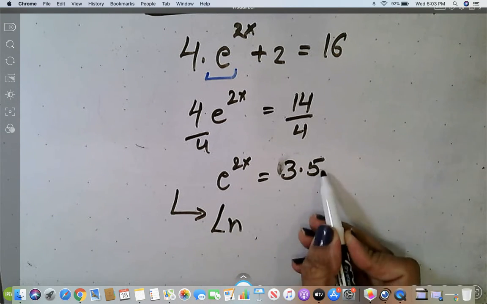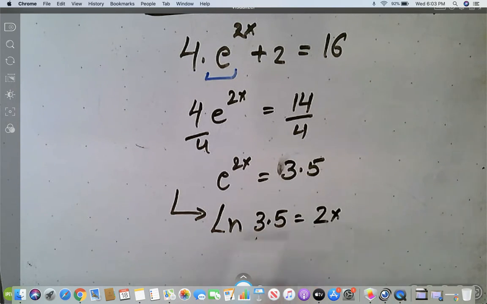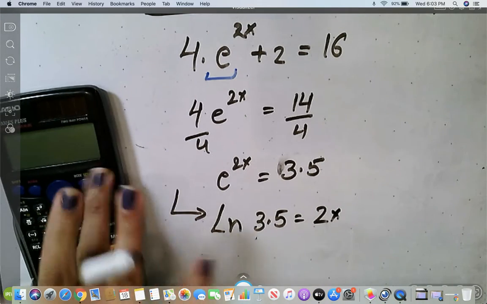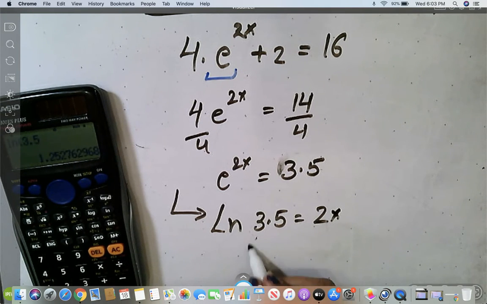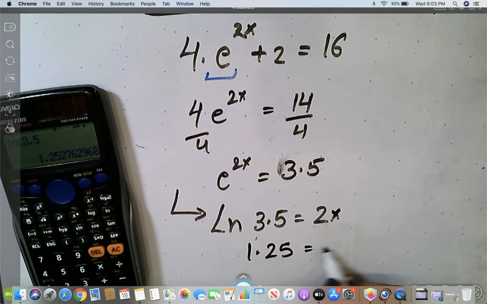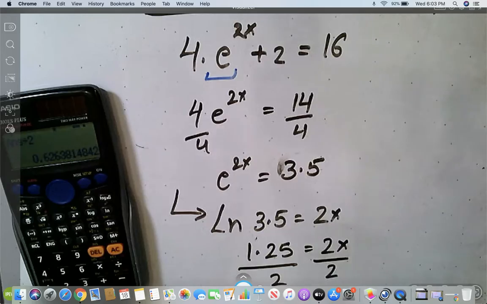So ln, swap, 3.5, and it's equal to 2x. So type it in your calculator. So it's ln 3.5. I have 1.25. It's equal to 2x. At the end, divide by 2. And my answer is 0.626. Here you go.